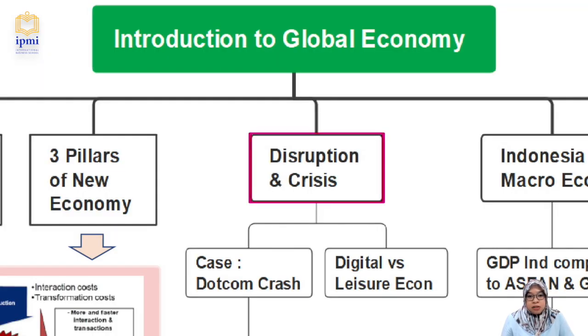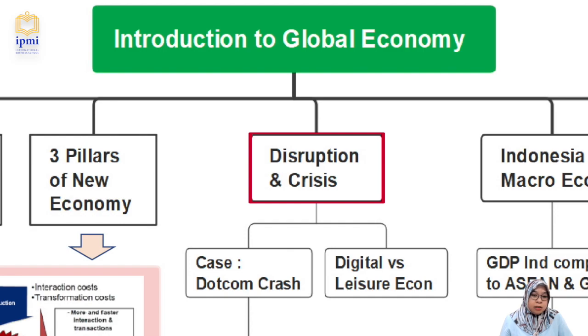Natural disasters, political unrest, economic recession, and the creation of new technology are all causes of disruption and crisis in the global economy. The internet and laser industries have been major disruptors too in recent years.